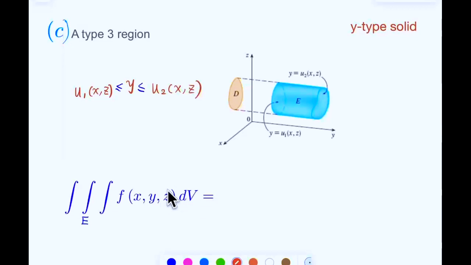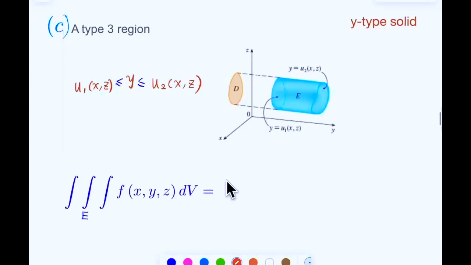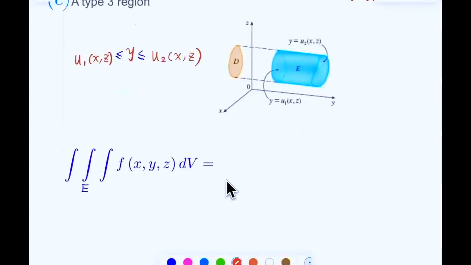Now, when you evaluate the triple integral of this function over the solid V, you just need to figure out the innermost integral first. So what will be the innermost? The innermost integral here will be just the function, and you just said dy. Yeah, you got it, dy. Y goes from u1 to u2.